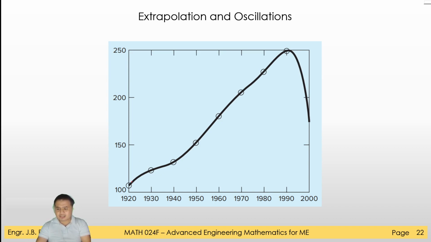So it is kind of good. If you just find, let's say, what is the population in 1945, it will be a good estimate, it seems. But if you try to extrapolate the data, let's say you want to predict 2010, as you can see, the curve will be downward and it will be highly erroneous. So use interpolation, not extrapolation.